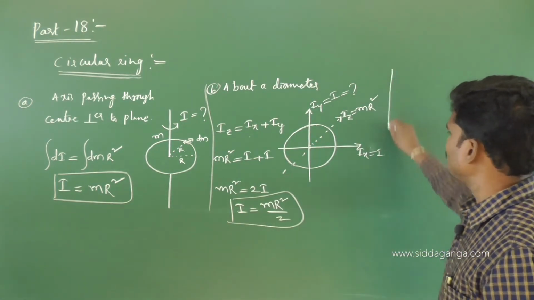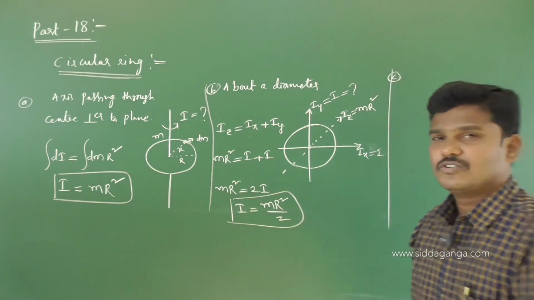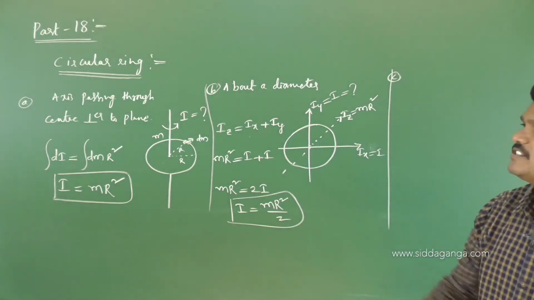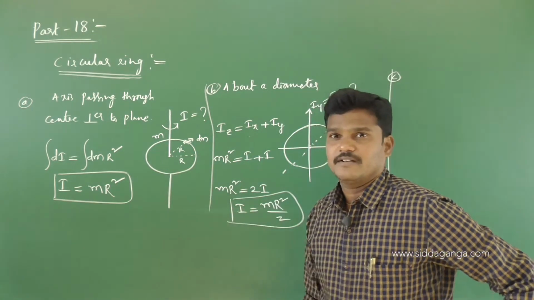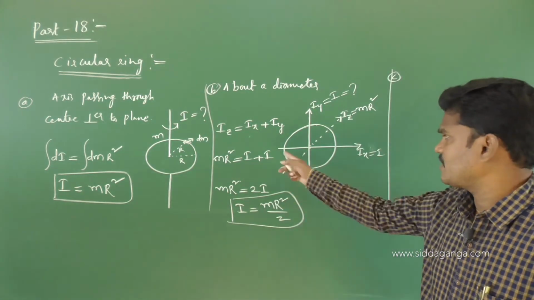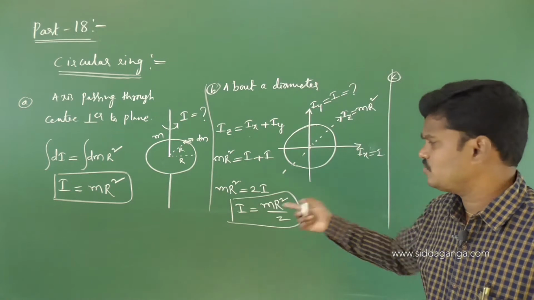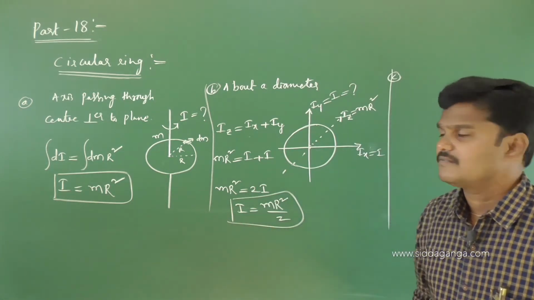Now let me write one more formula. Let us draw the tangent for both. First one is axis passing through center perpendicular to plane, clear. Second one is very easy, about a diameter, whether Ix or Iy, both are the same. This is equivalent to Ix, this is equivalent to Iy.